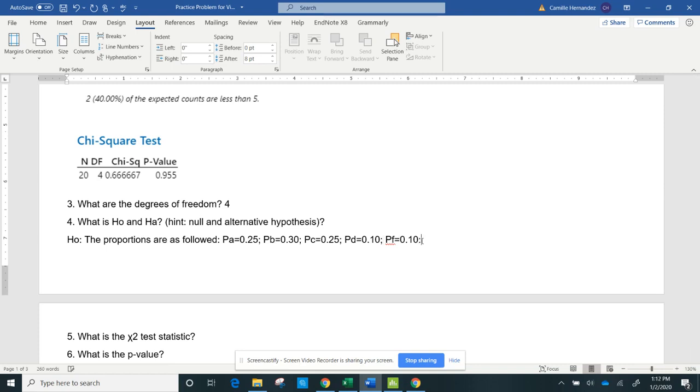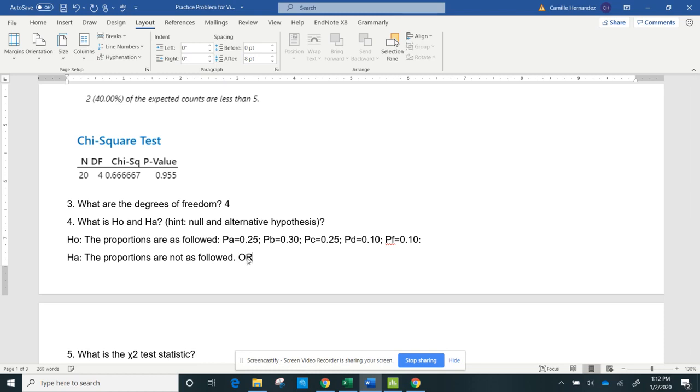Okay. So now the alternative is, this is really easy. The proportions, sorry about that today, are not as followed. Okay. So I'm going to correct my spelling here again. Sorry for that. So the proportions are not as followed.